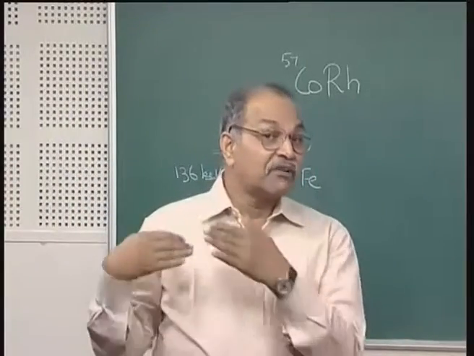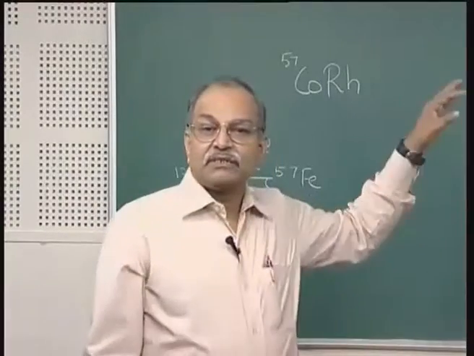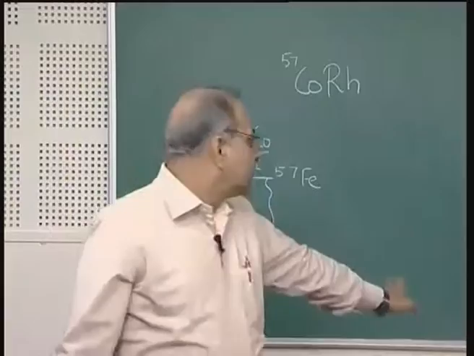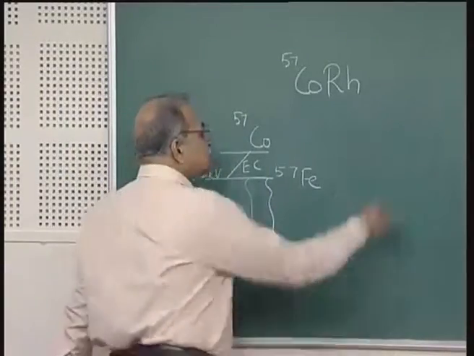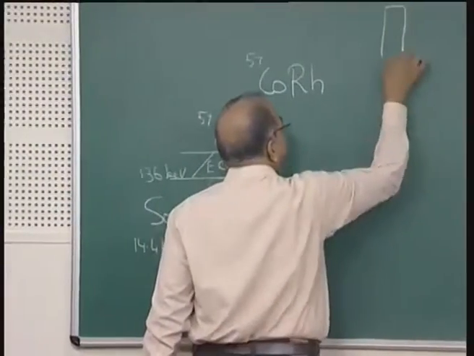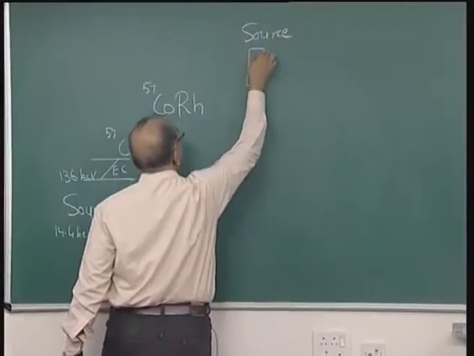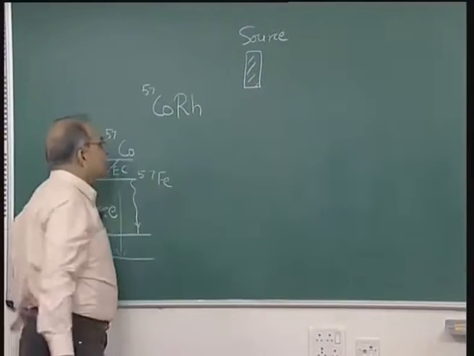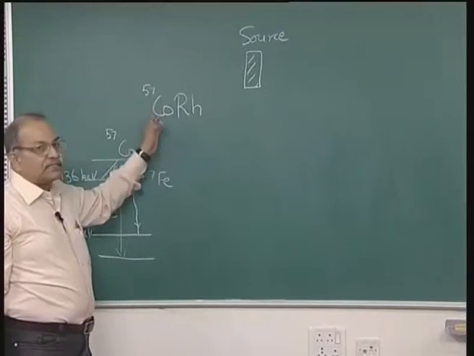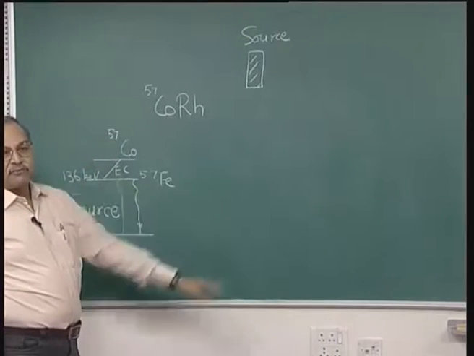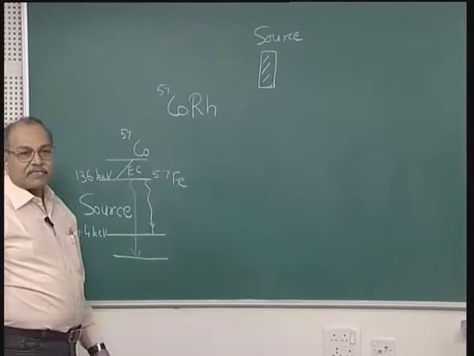Of course, it will be different from the energy level difference in an isolated nucleus. So, gamma ray comes from here. So, I have a source, let us say fixed, cobalt 57 in rhodium, and it is all the time giving me those 14.4 keV gamma rays.